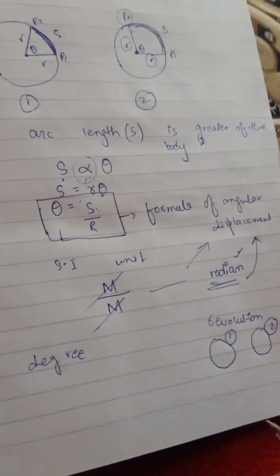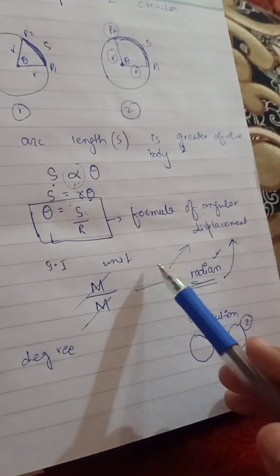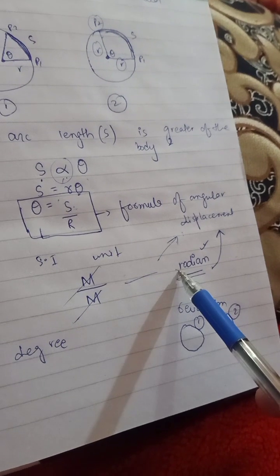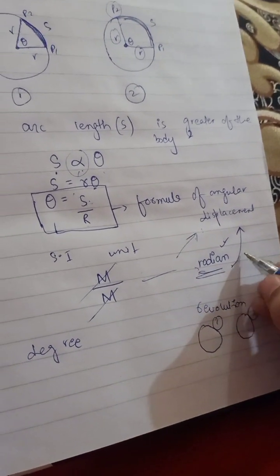If we talk about one radian, it is when the arc length and radius are equal. For example, the arc length is 10 and the radius is 10. We have the formula theta is equal to S upon R. So this is 10, this is 10, so theta is 1.